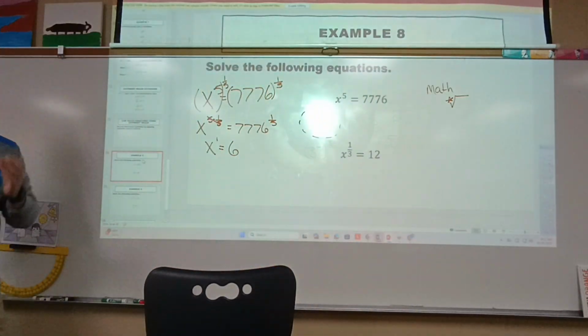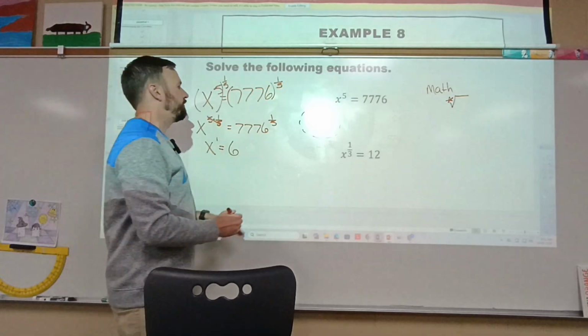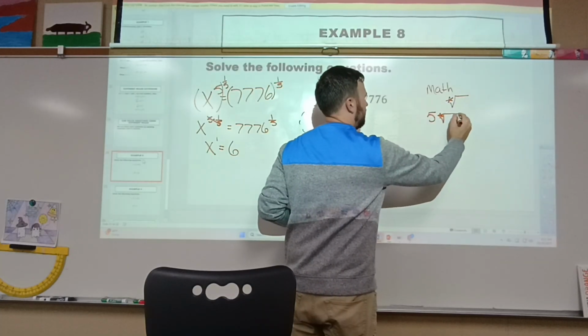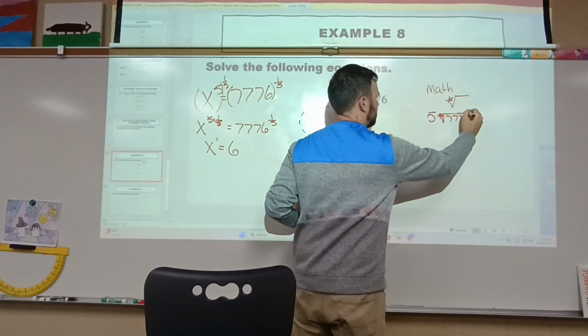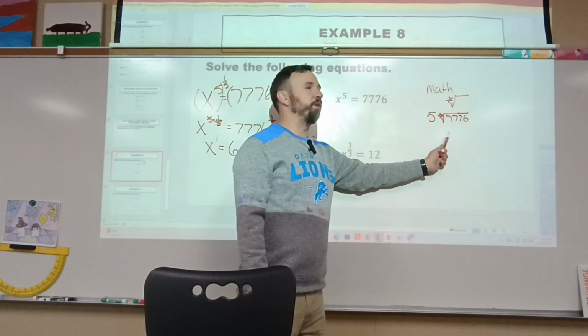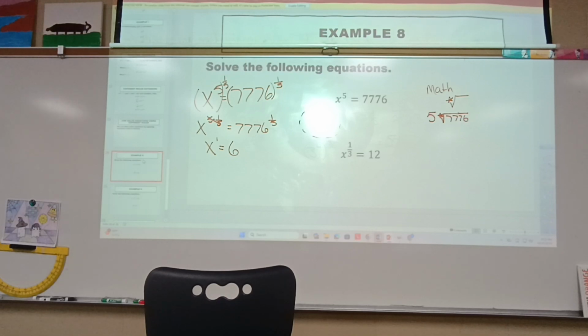If I type in 5, that root button, and then I plug in 7776, it should be the same thing, because that's saying I'm taking the 5th root, which is the same thing as the 1/5 power. Whatever way you feel more comfortable doing the problem is how I do it. This way is probably the way you were taught at some point in your life, but this is actually probably the more used way. All right, sound good?